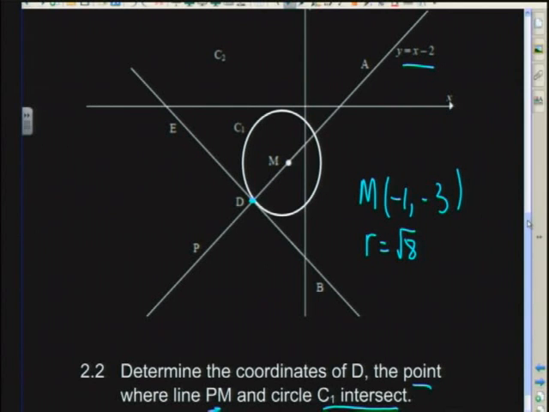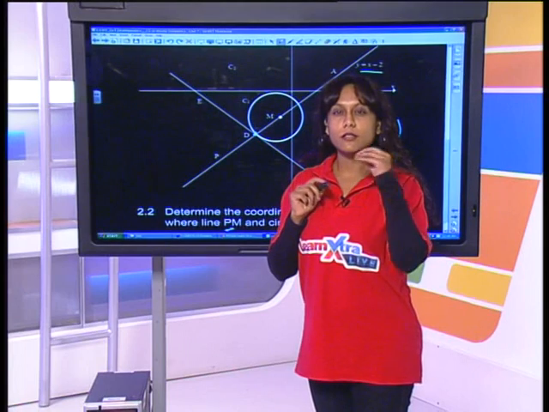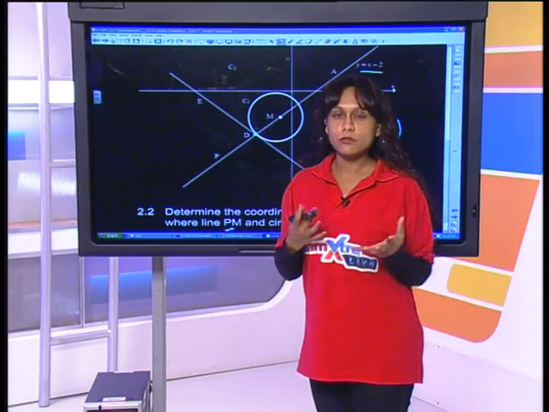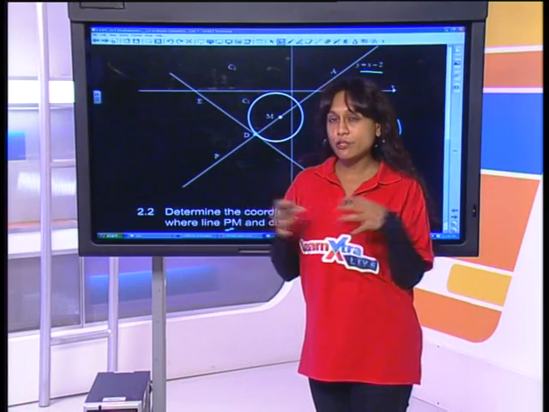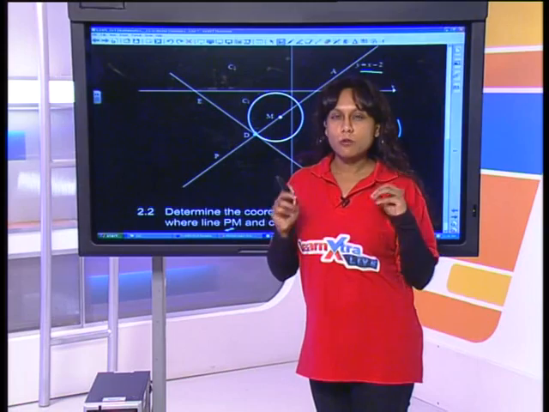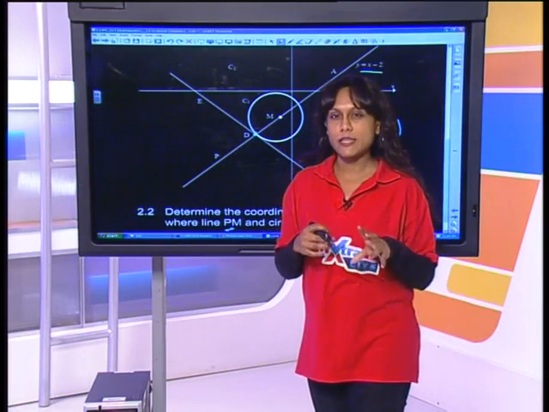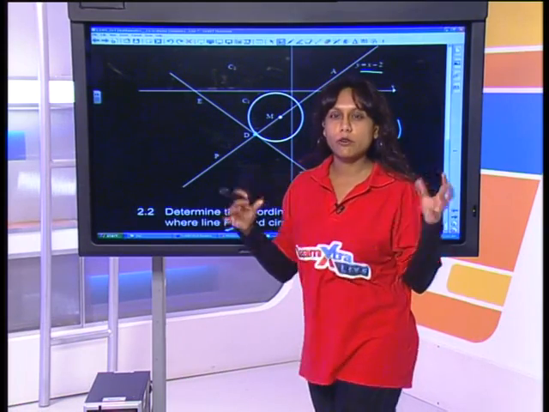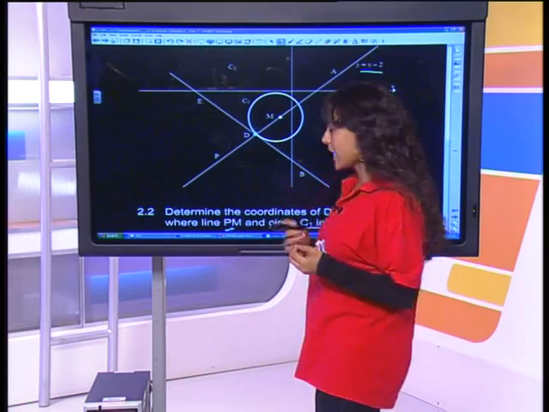We have the equation of the circle, okay, that was also given to us. So therefore, if I want to find this point D, now remember, that's the point of intersection between the circle and the straight line. How do you find points of intersection? Just generally from graphs, you'll remember that to find a point of intersection, you have to solve the two equations simultaneously, okay.